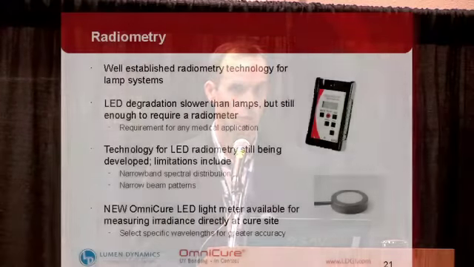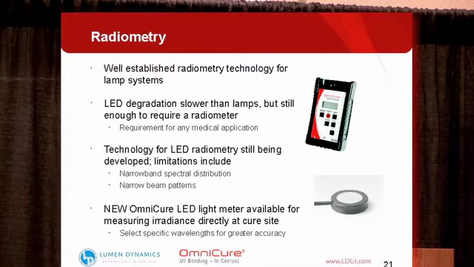What this allows you to do is select the specific wavelength that you're using to match up with your LED system and measure the output at that specific wavelength, knowing that your radiometer has been calibrated, traceable to NIST, at that wavelength. So we think it's a pretty unique product that, again, will be very helpful for medical device manufacturers who need radiometry to measure and maintain the output for their system.